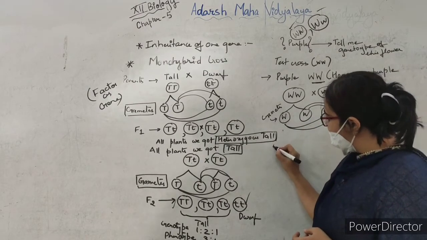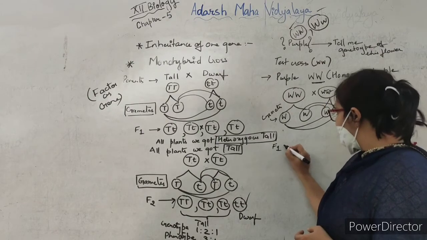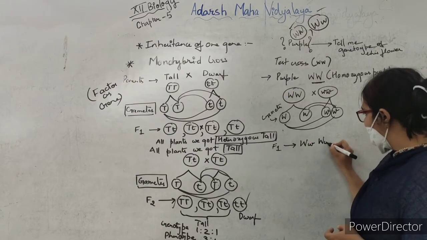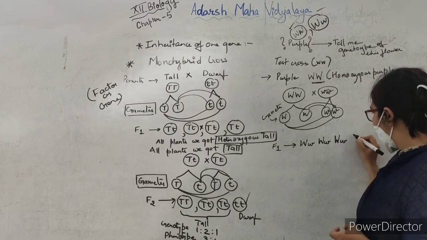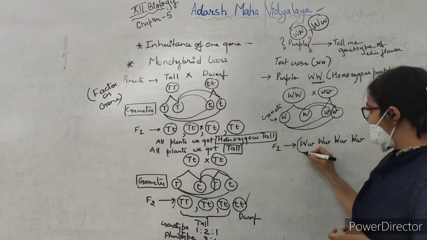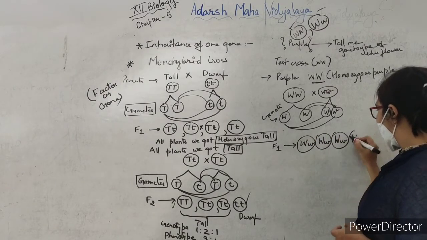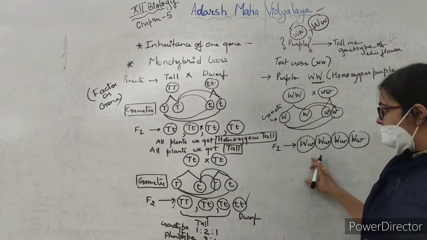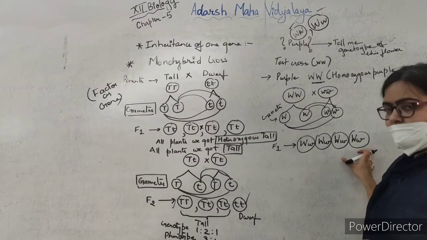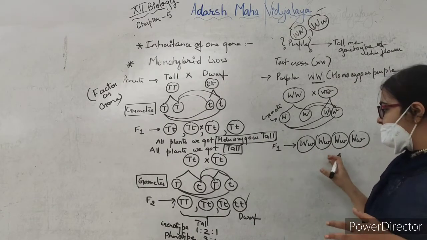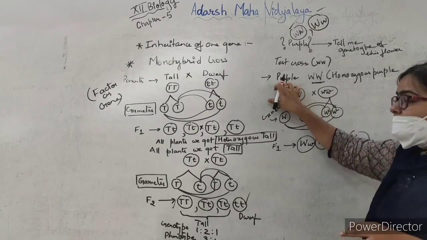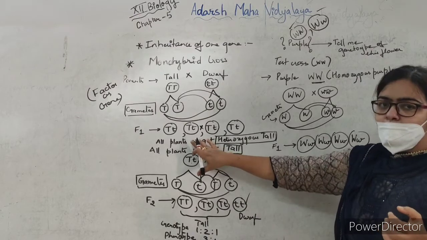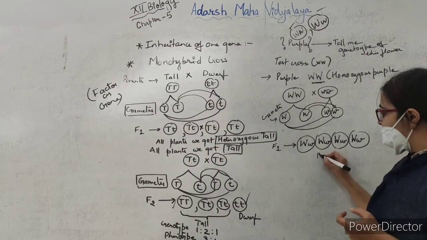So in F1 generation, you will get all the plants which will be purple. F1 generation will have all the plants which are having purple flower, because we know that the purple color is dominant and the white color is recessive. So in the F1 generation, as we saw here in the monohybrid cross, all the plants will be purple.